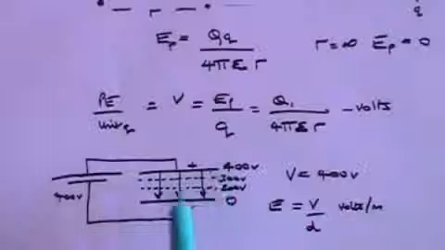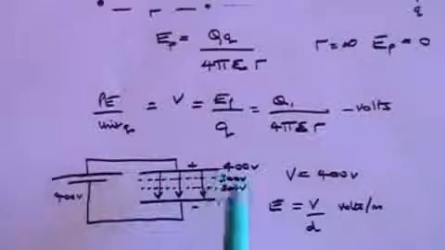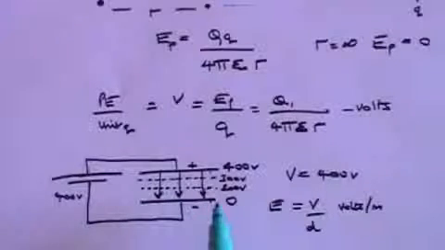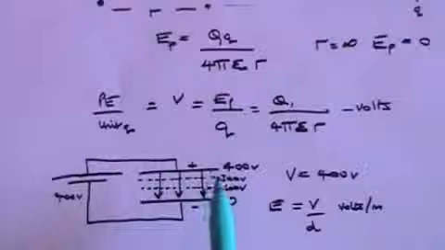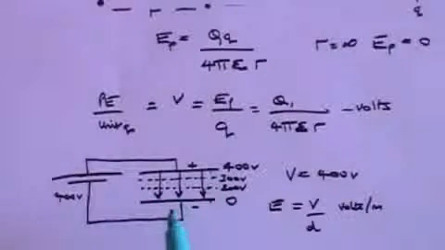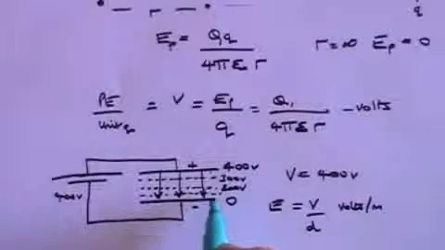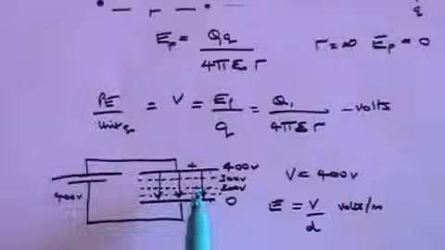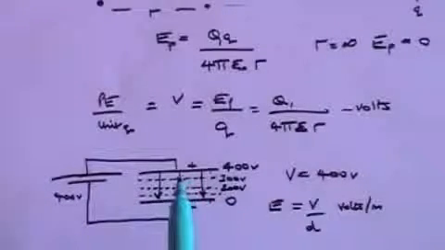But the voltage is going to change because on the plate here it's 400 volts, on the plate here it's 0, and so between the plates the voltage drops. Here it's 300 volts, here it's 200 volts, here, if I drew another line, it would be 100 volts and then 0.